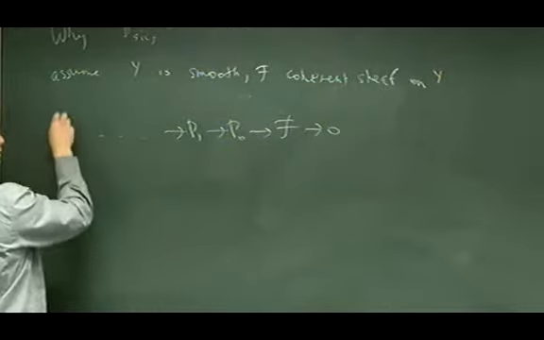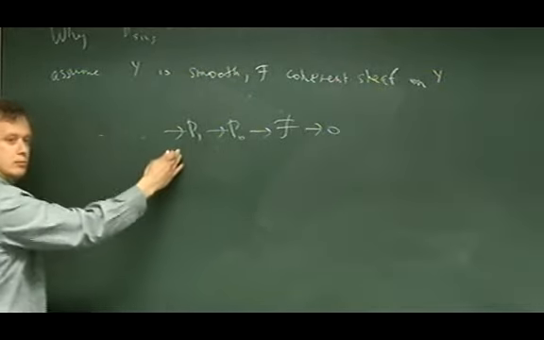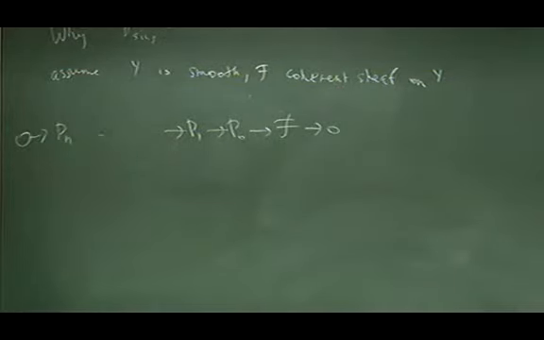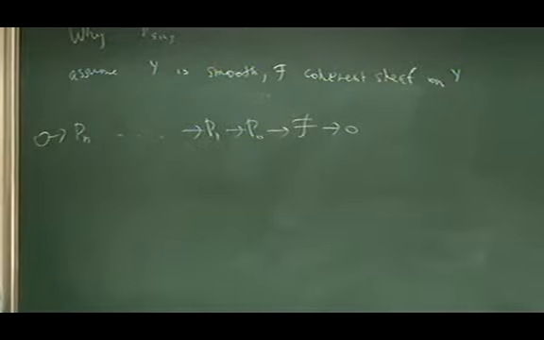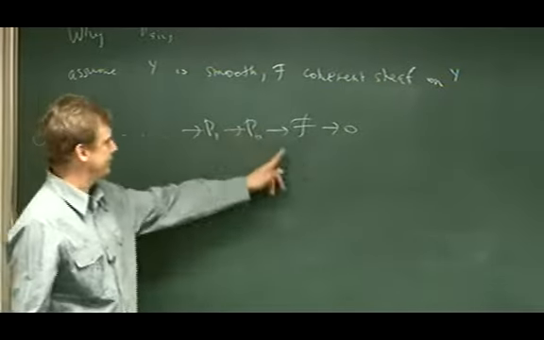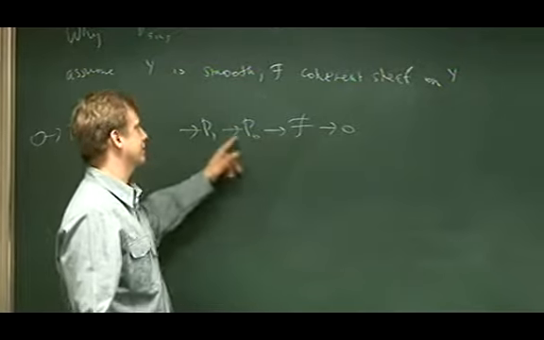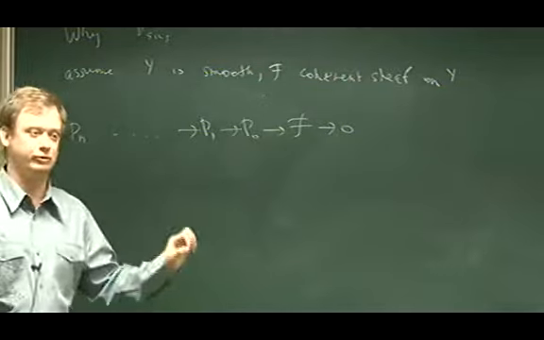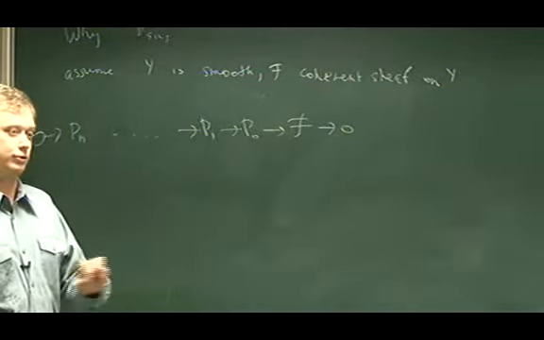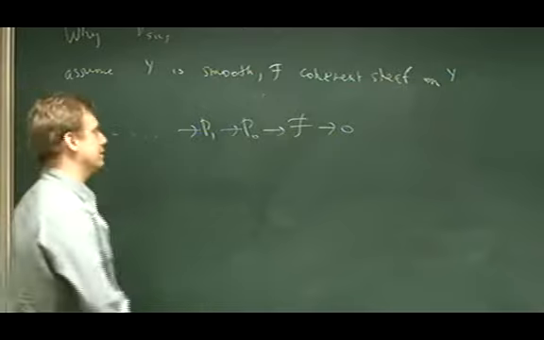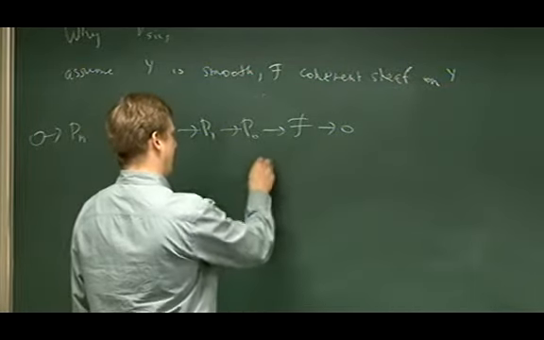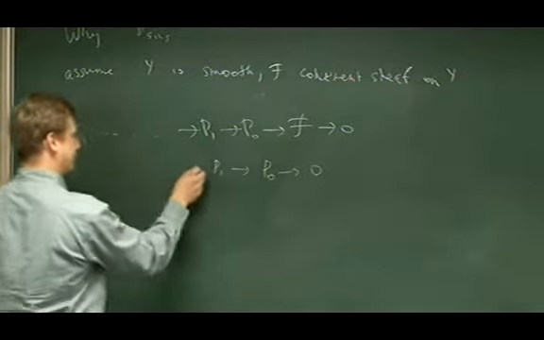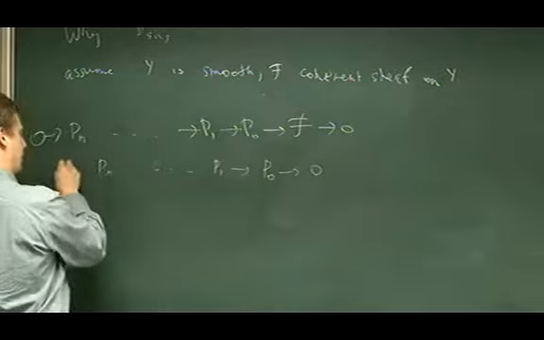For sheaves, you can always start writing some projective resolution, but the big deal is to make sure that at some finite step it actually ends. For smooth varieties, you know that for every sheaf there is such a resolution, and for singular varieties, you are able to write a sheaf for which there is no such resolution. So this is somehow testing smoothness.